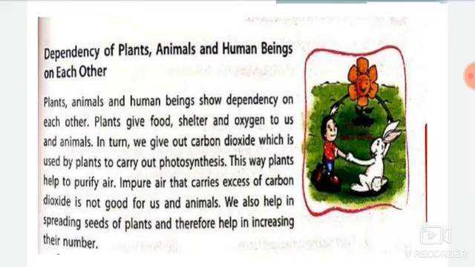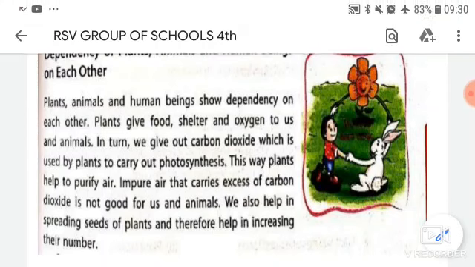Plants give us food, shelter and oxygen, and in return we give out carbon dioxide, which is used by the plants to carry out photosynthesis. In this way, plants help to purify air, and impure air that carries excess carbon dioxide, which is not good for us and animals, gets purified by plants.